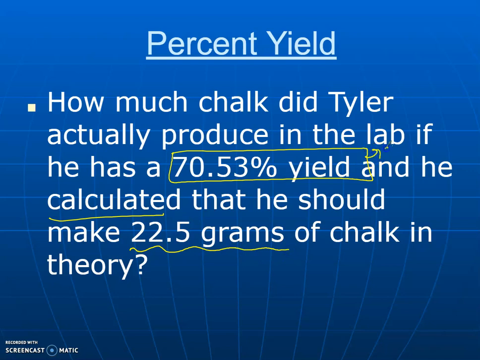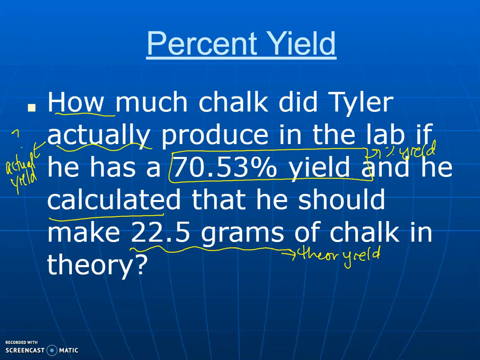Okay, so this is my percent yield, and it has a nice little twist on it. This is how much he theoretically should make. And then what we're looking for is how much did he actually make? So my unknown is the actual yield.